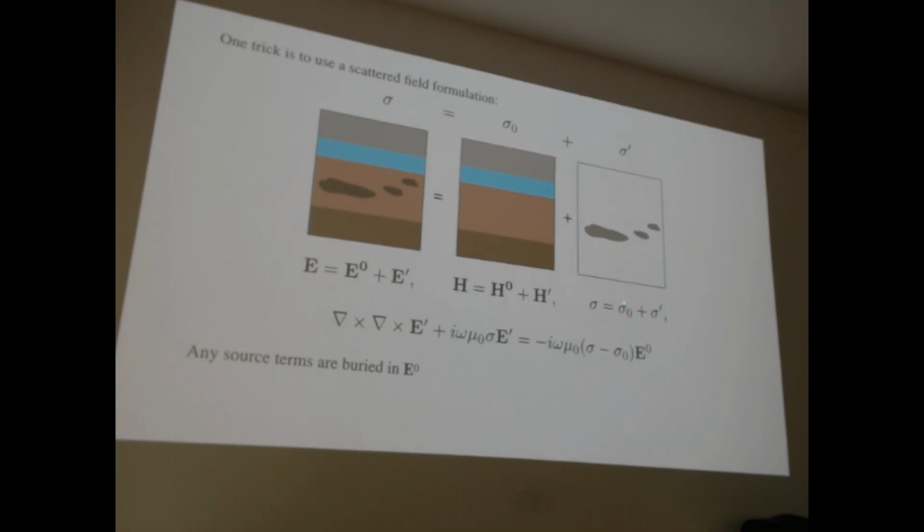And then you can decompose this into background conductivity plus the three-dimensional effects. The electric fields can be written as the electric fields in your background, which you can do analytically, and then the complicated effects are solved numerically. And if you've got any complicated three-dimensional source terms, you can often bury that into the analytical part of the equation.